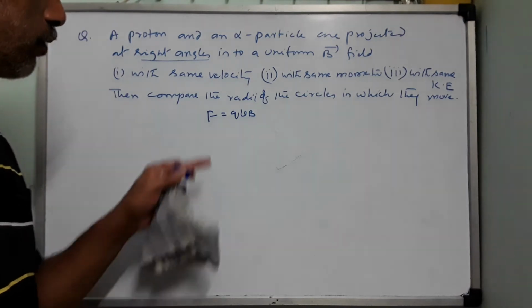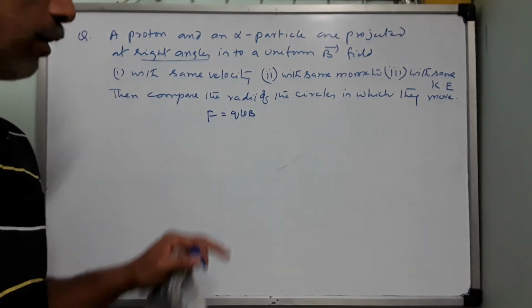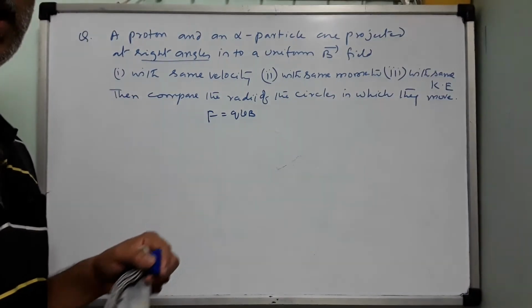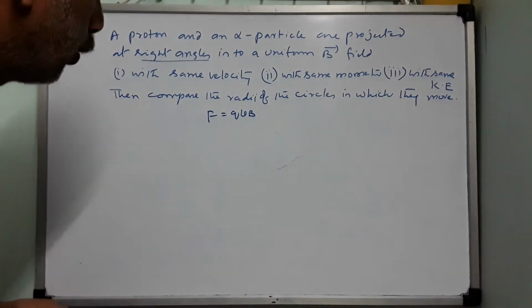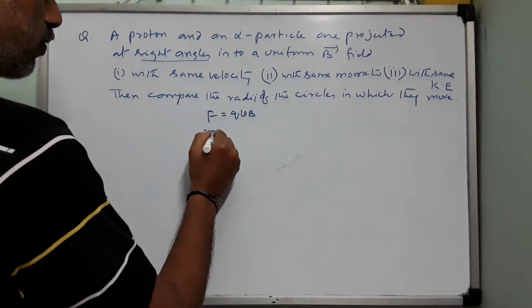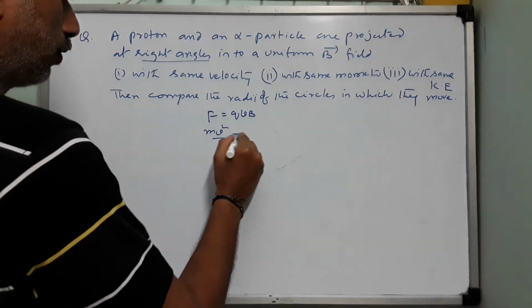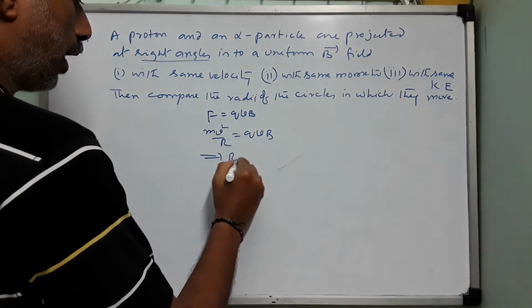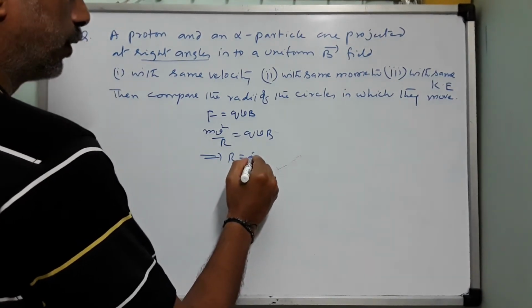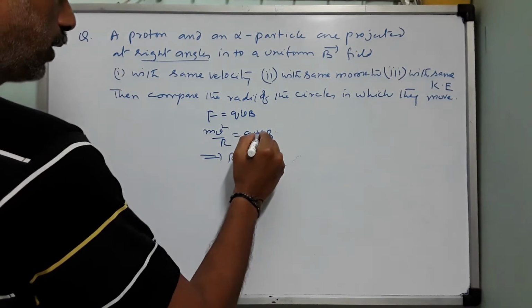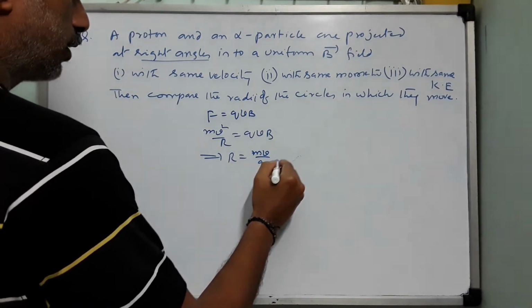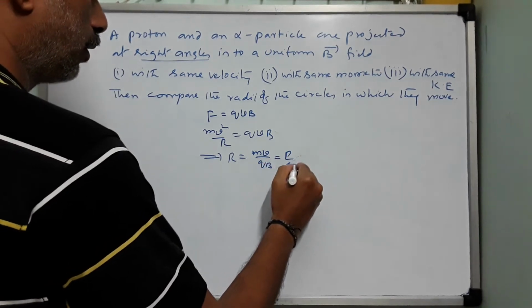Now this F will become a centripetal force. So we will substitute mv squared by r, so that mv squared by r equals qvB, and this gives rise to r equals mv by qB, and this we write as p by qB.